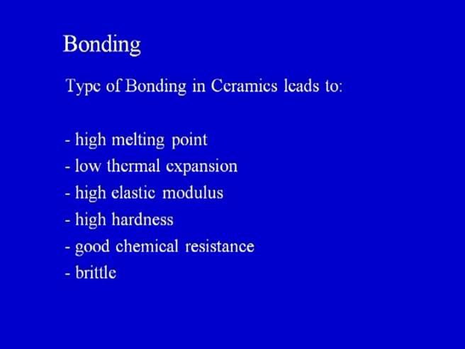Now, what are the properties that would be affected? Let us see. The type of bonding in ceramics leads to different types of properties. This is now specifically related to ceramics, but the type of bonding in a material leads to a certain set of properties for that particular material.